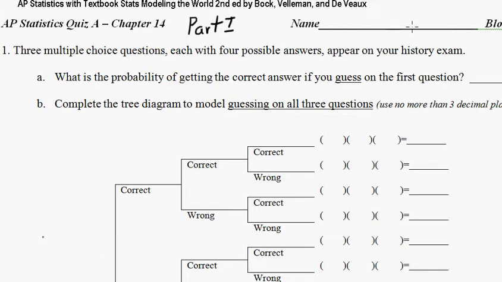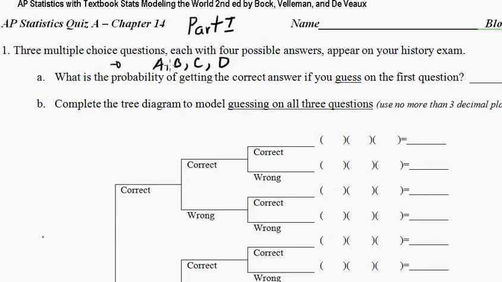Okay, so we have 3 multiple choice questions on a test. Each have 4 possible answers, so answers like A, B, C, and D. So I'm just going to guess because I didn't study. So what's the probability that I'm going to be correct?